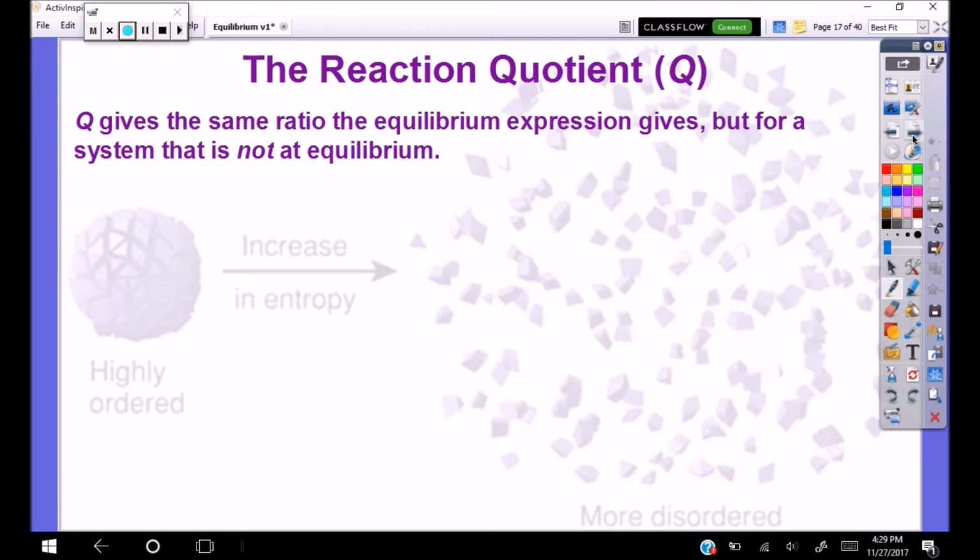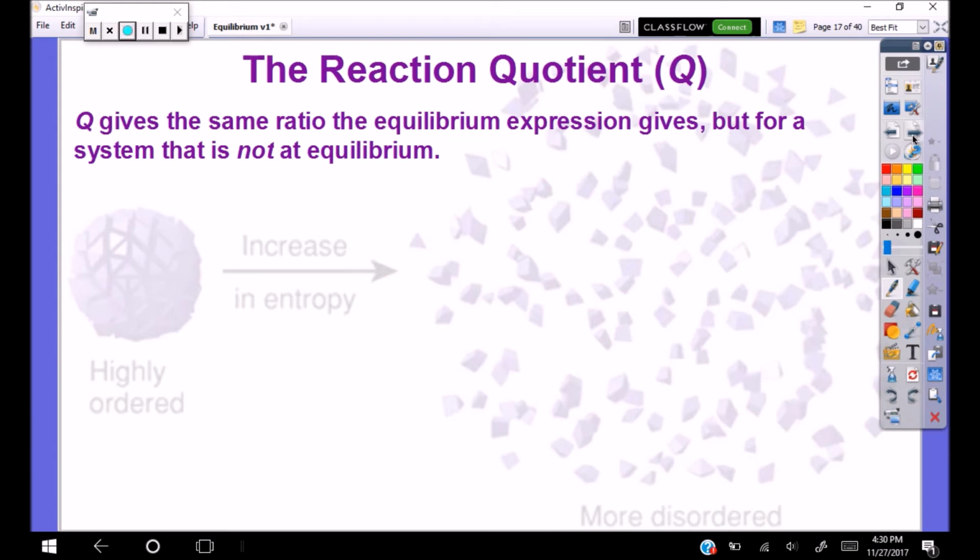Now we also have the reaction quotient. What happens when we have concentrations that aren't the equilibrium concentrations? Well, the reaction quotient is the exact same thing as the equilibrium expression. However, the concentrations we're given, we can express for these circumstances that are not at equilibrium.